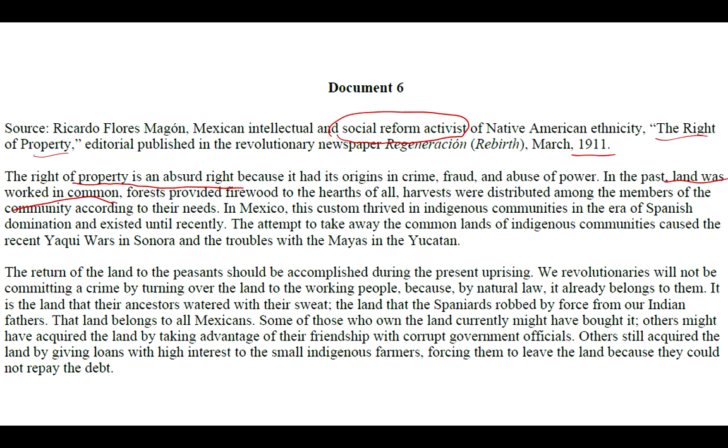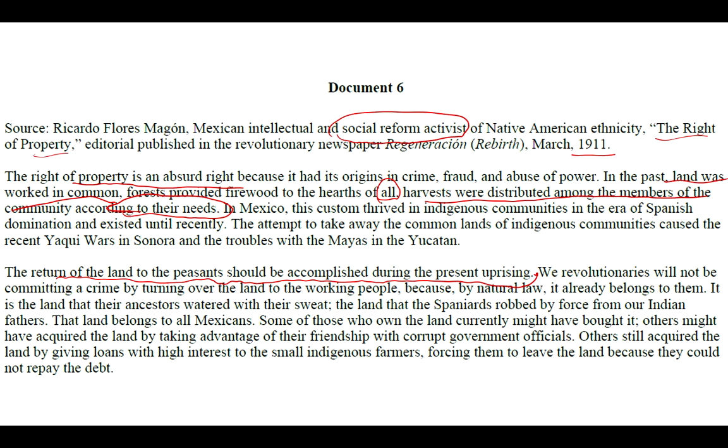Forest provided to the hearths of all. Harvests were distributed among the members of the community according to their needs. I don't know if you know this, but that sounds like Karl Marx from the Communist Manifesto. The return of the land to the peasants should be accomplished during the peasant uprising.